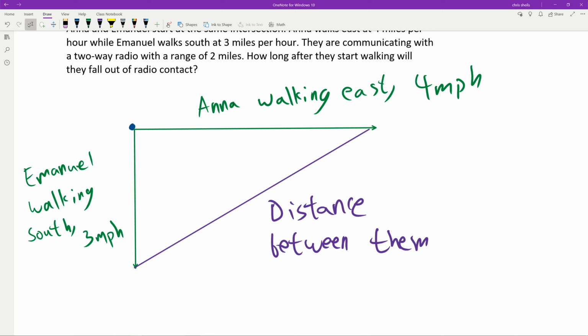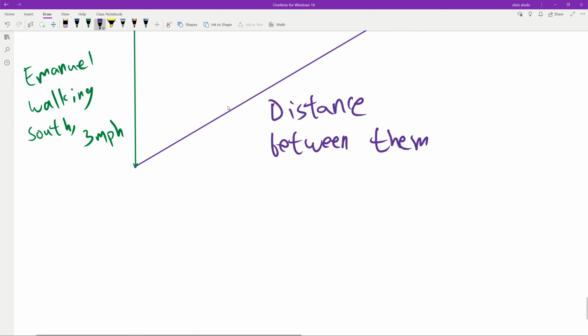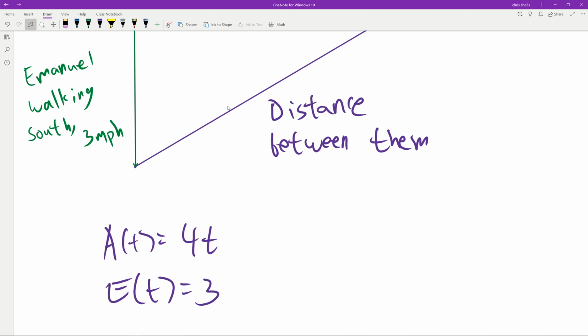Anna is walking at 4 miles per hour and Emmanuel is walking at 3 miles per hour. These are both rates of change. So this means that I can write formulas for the distance that each person has walked. I can say, for instance, A of t is equal to 4 times t, and E of t equals 3 times t.